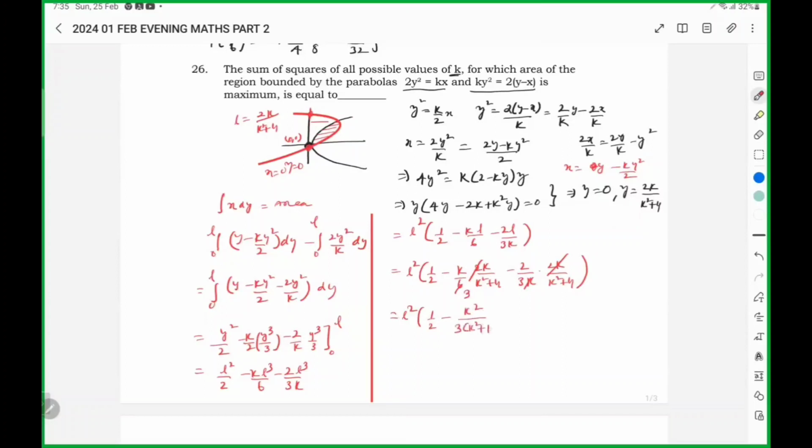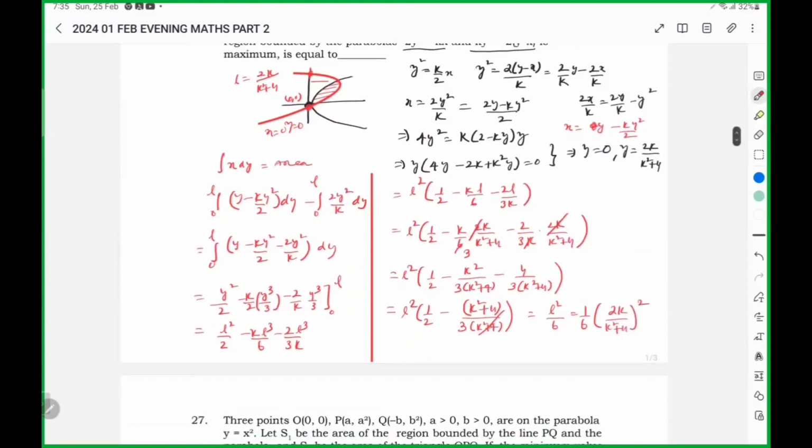Three times k square plus 4 minus L square, 3 times k square plus 4. So which is L square by 6. So it's 1 by 6, 2k by k square plus 4 whole square.